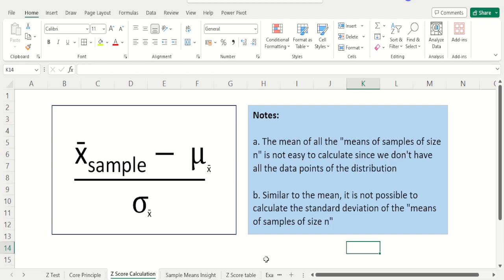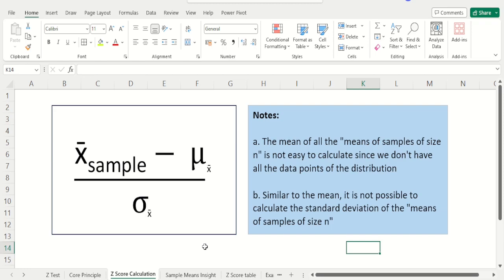We'll look at that in a short while. The next term that you want to look at is the standard deviation, which is the term at the bottom. Again, if you can't calculate the mean of samples, you also can't calculate the standard deviation of the means of samples. It's the same problem because you don't have all the means of all the samples. So we have the same issue in this case.